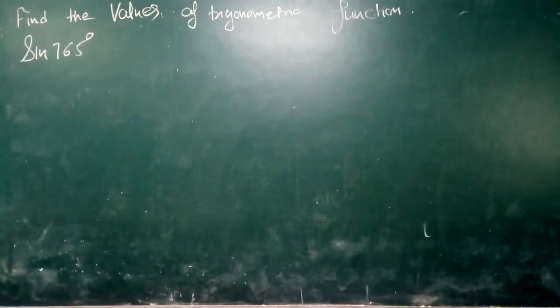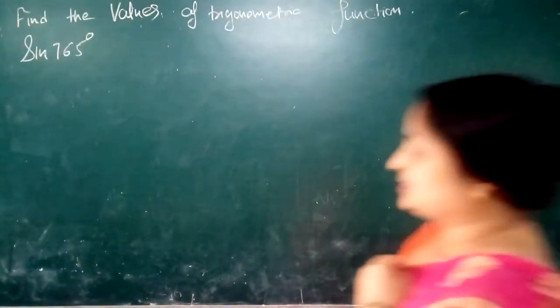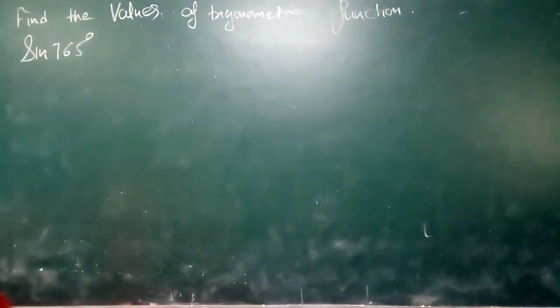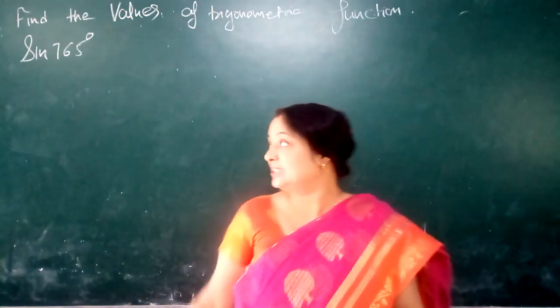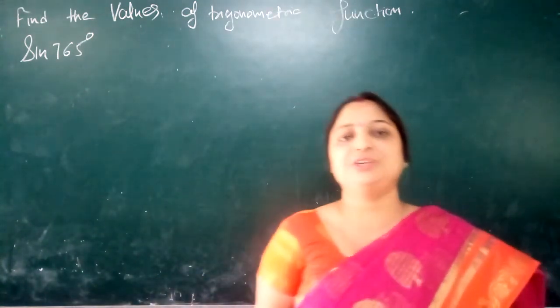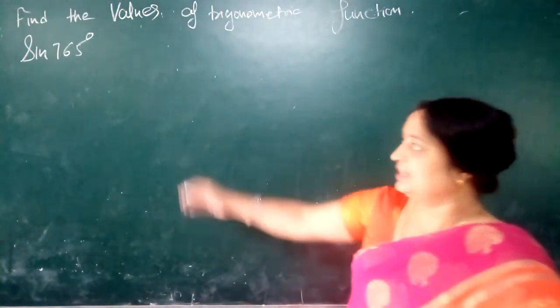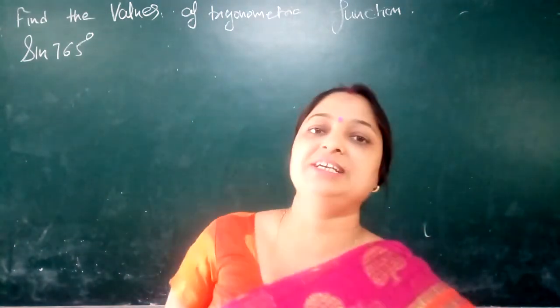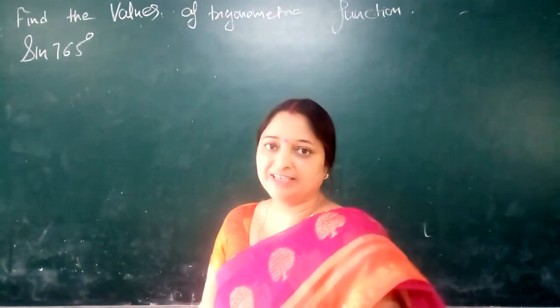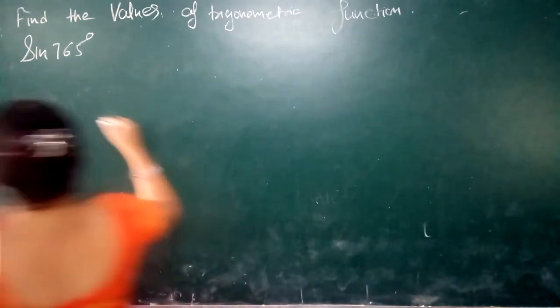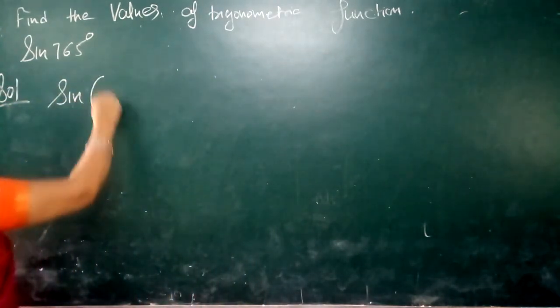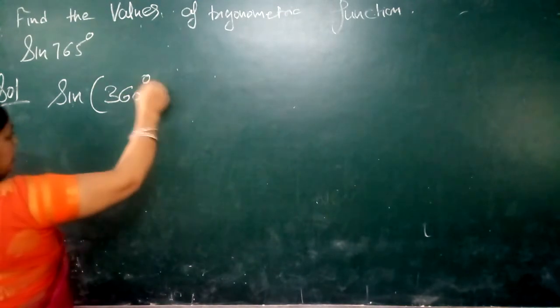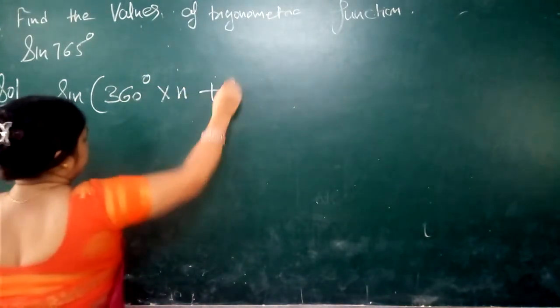Now students, in question number 6, you will find the value of the trigonometric function of 765 degrees. In this question we will use the new formula, new method. Here 765 degrees is given, so we will use the formula sine of 360 degree into n plus theta.